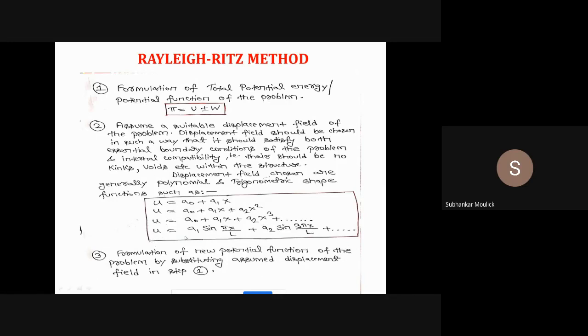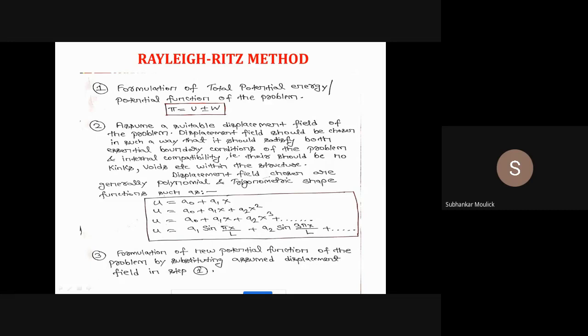So we can choose a linear polynomial function, that is a naught plus a1x. We can choose a quadratic polynomial function, that is a naught plus a1x plus a2x square. We can choose higher order polynomial functions also, that is a naught plus a1x plus a2x square plus a3x cube and so on.